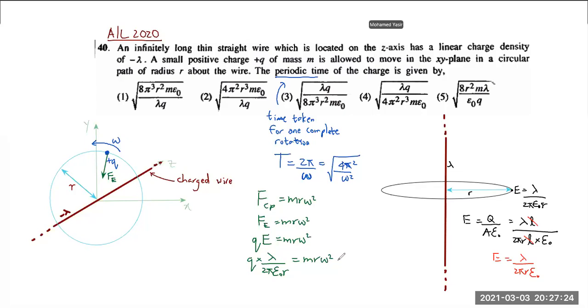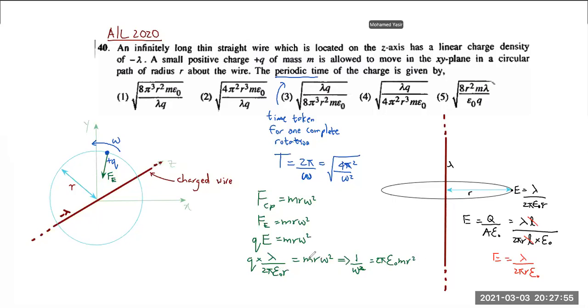So I will find omega squared, because in all the answers there is a square root. So I should divide 4 pi squared by omega squared. Let me find 1 over omega squared. I am taking omega squared down, so I need to take this part up, this part down. Then what will I be getting on the right hand side? 2 pi epsilon naught m r squared.